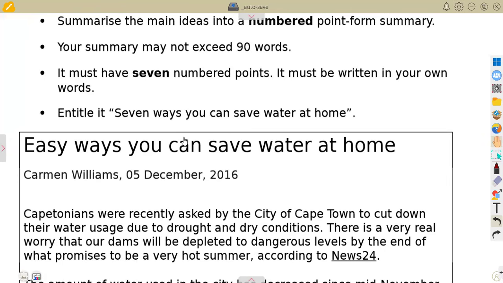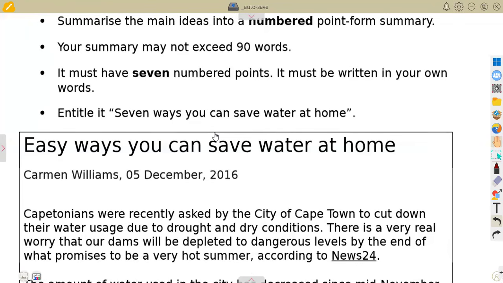Okay. And then the last aspect that we need to take into consideration is the title, to entitle it. So it means here you have to give it what? A title, which is 7 ways you can save water at home. So already they are giving you a guideline to say your topic must be 7 ways you can save water at home.